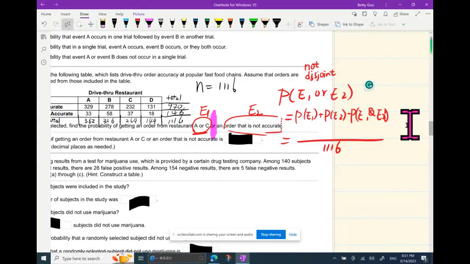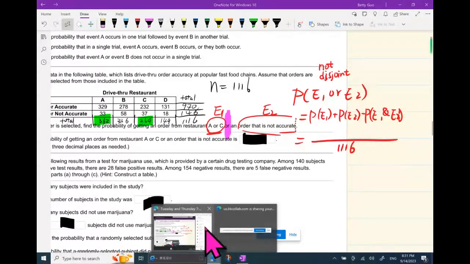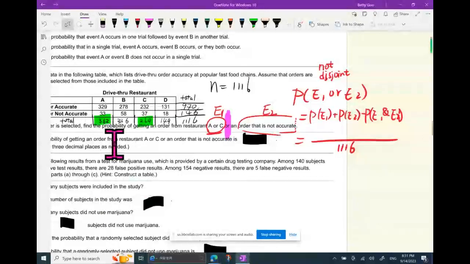And in the numerator, we're going to have three things. The first thing, how many orders are from restaurant A or restaurant C? Let's see what E1 represents.